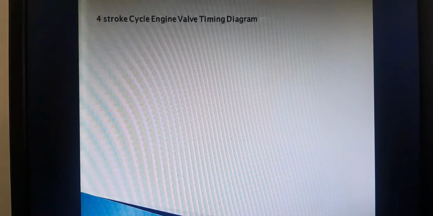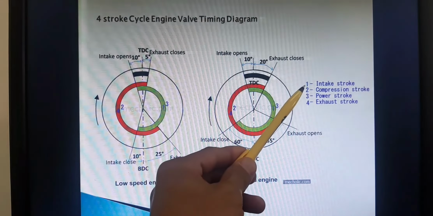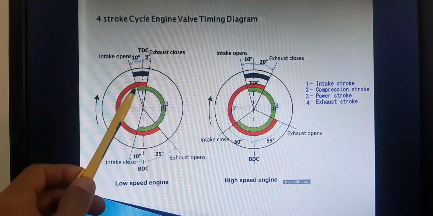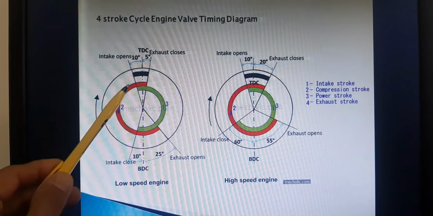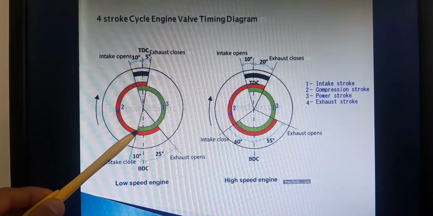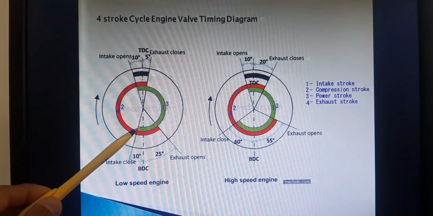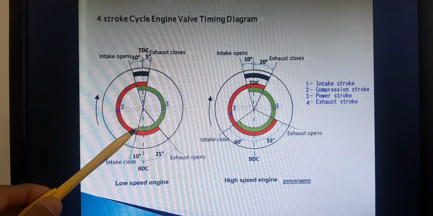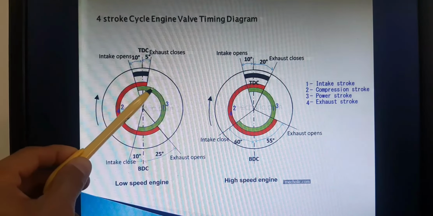All right, another example. Here you can see number 1, the intake stroke. This green line is the intake stroke. The intake valve opens here and closes there, up to number 3.